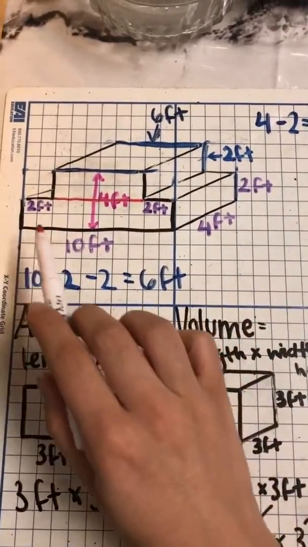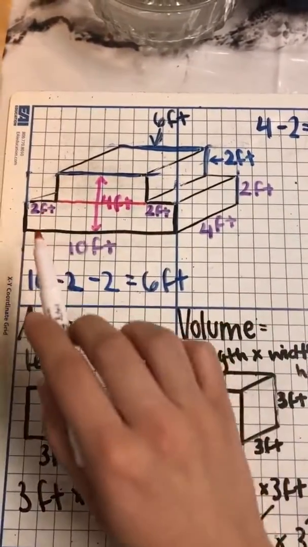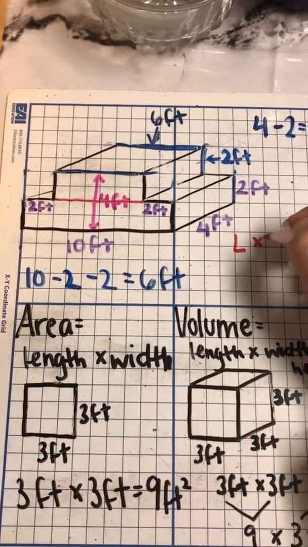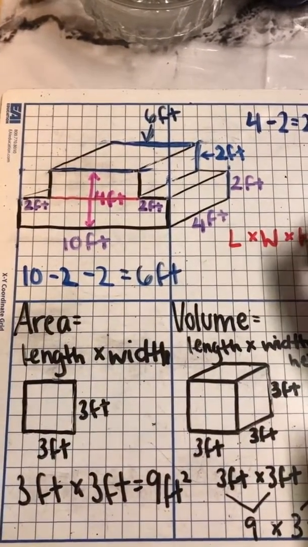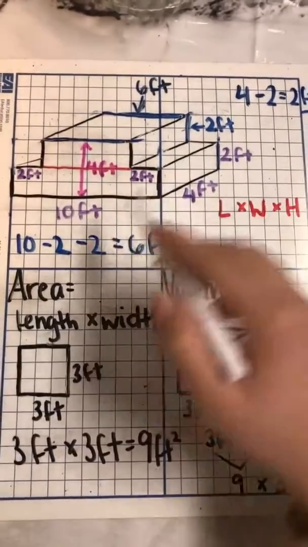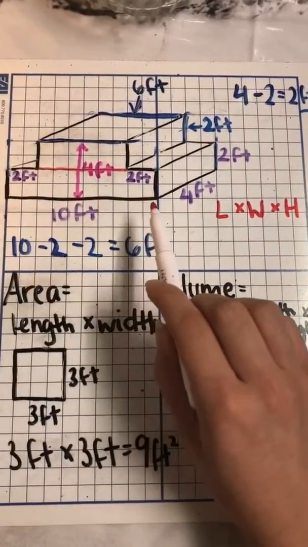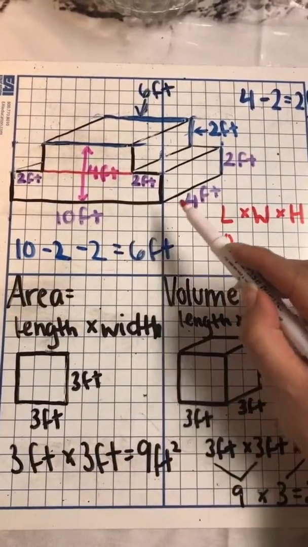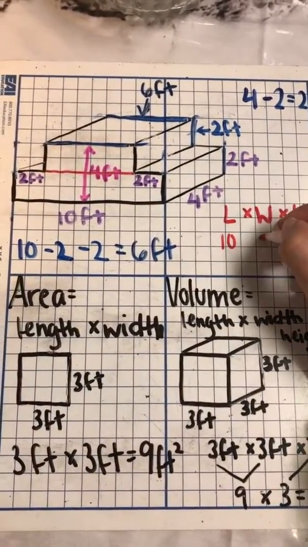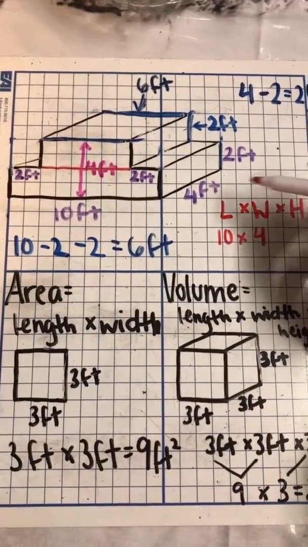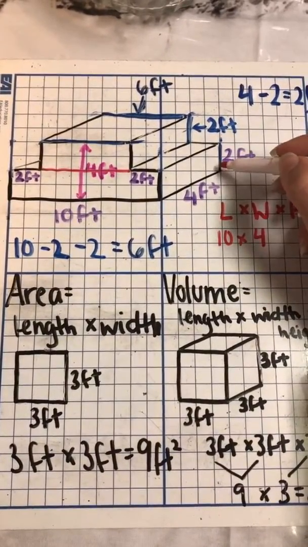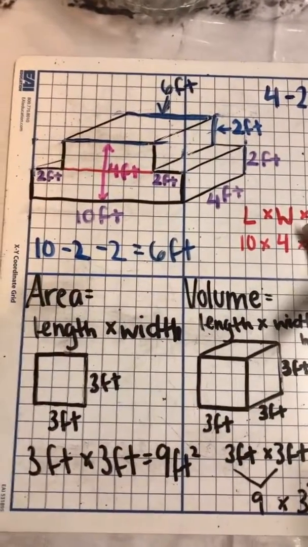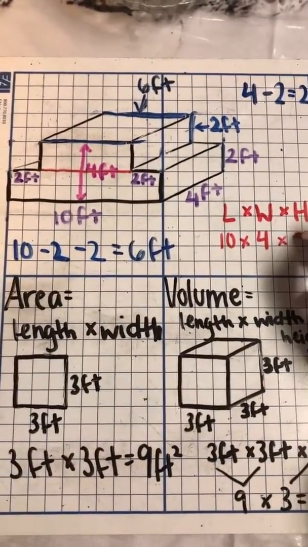Let's look at the bottom of this picture. Let's look at my length, width, and height. My length is 10 feet. My width is 4 feet. And my height is 2 feet. Remember, I am breaking up the two rectangular prisms.